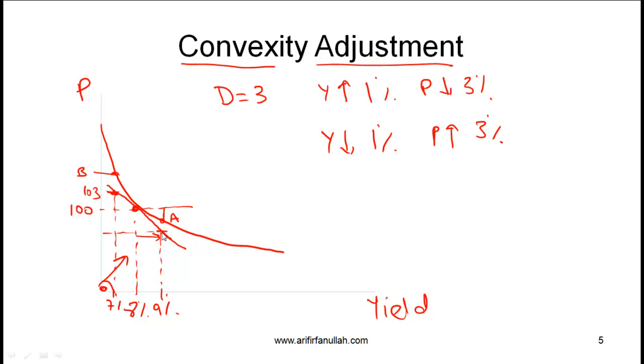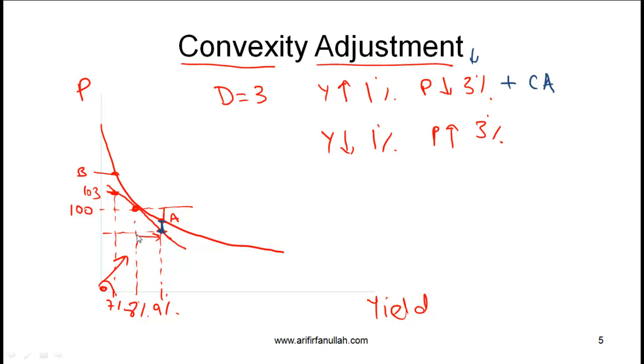When interest rates go up, we have shown that the price according to this simple duration measure comes down by 3%, which is shown here. However, because of convexity, we need to add a certain amount. That certain amount is called a convexity adjustment.